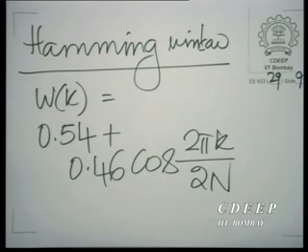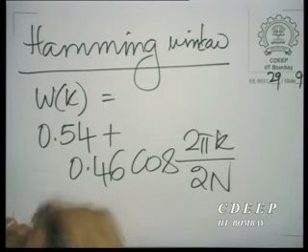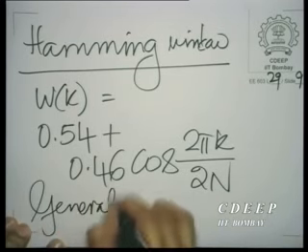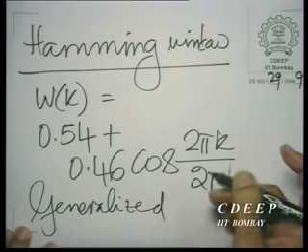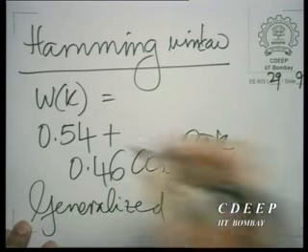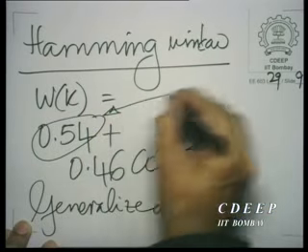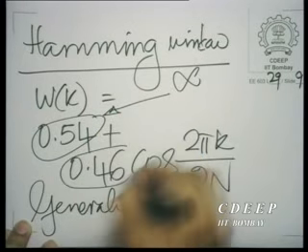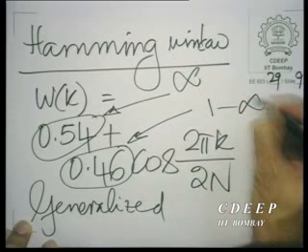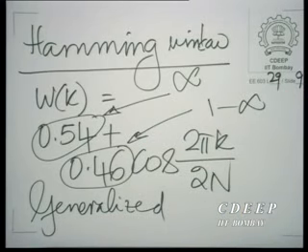You see, in general, one can talk about a generalized Hamming window, where you give this the value alpha, and therefore this becomes 1 minus alpha. That's the generalized Hamming window.